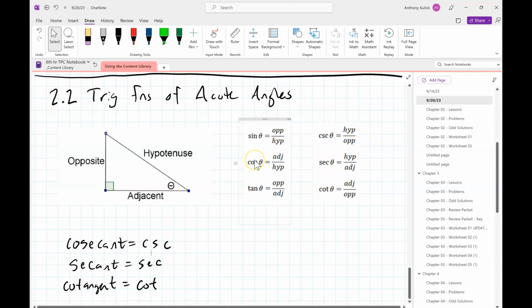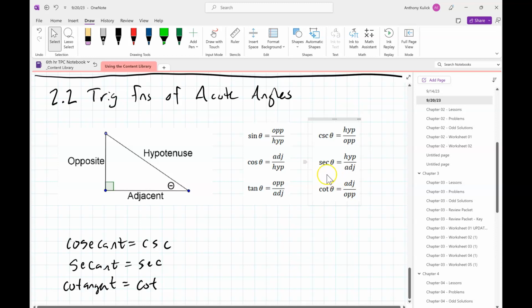Secant goes with cosine. So since cosine is adjacent over hypotenuse, secant should be hypotenuse over adjacent. Cotangent pairs with tangent. Since tangent is opposite over adjacent, cotangent is adjacent over opposite.